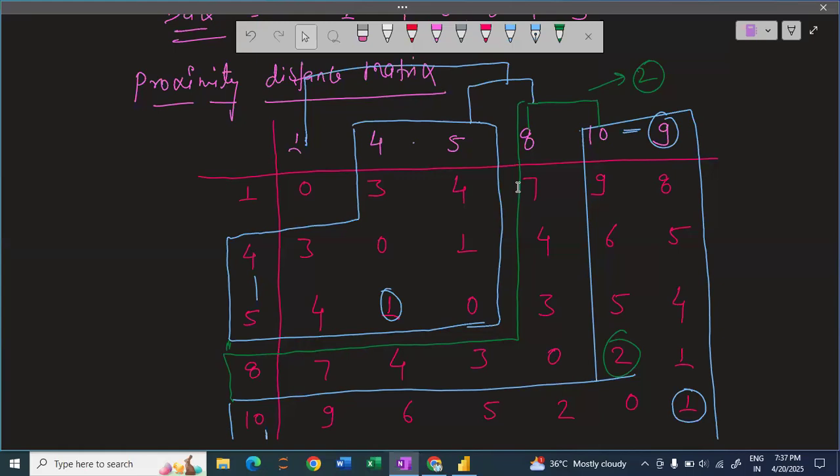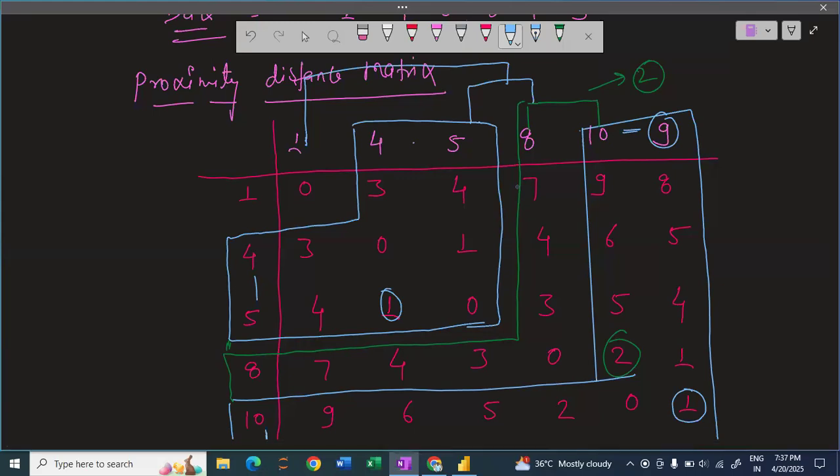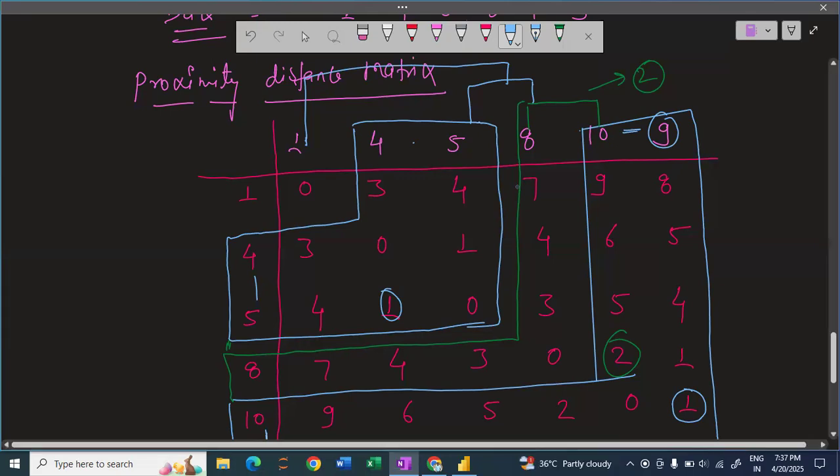Otherwise, if I create 8 and 9, then 10 will be in the middle. So that's why I have taken 10 and 9. It totally depends upon the data set. You can also take 5 and 4 also, in the initial phase.